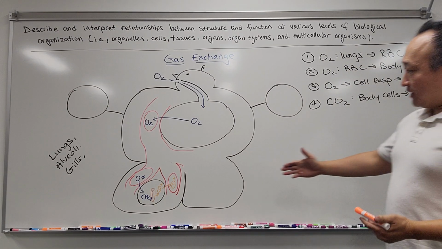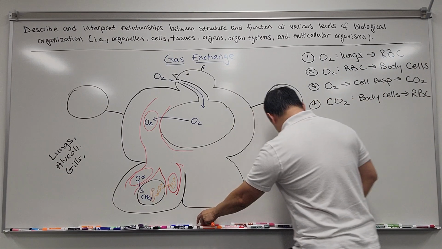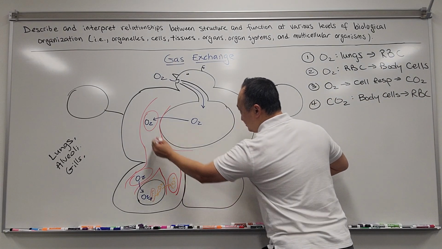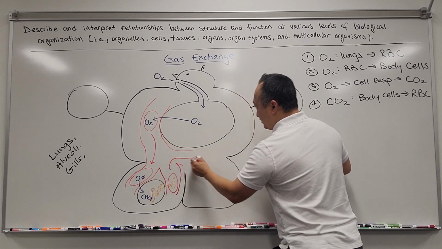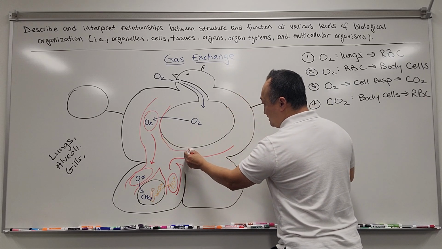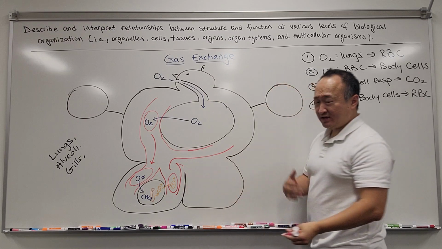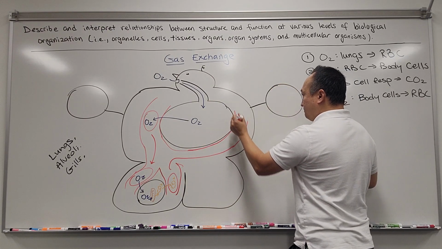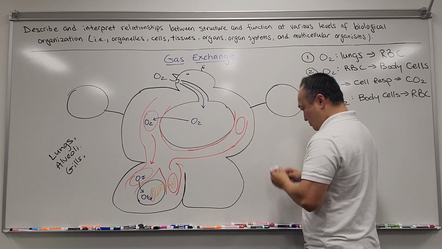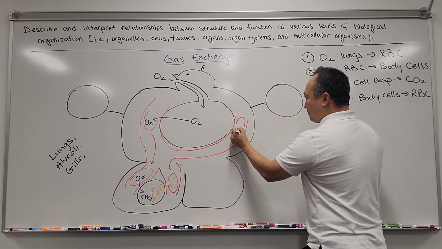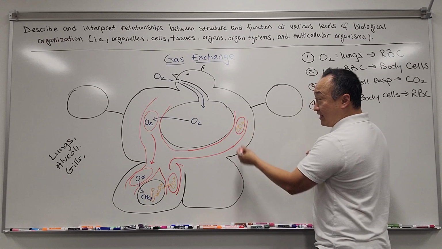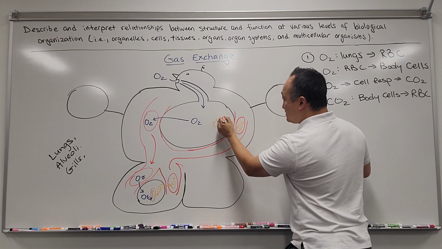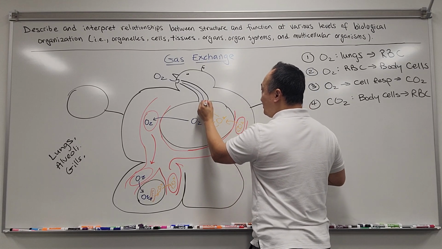The red blood cells are going to take it back to the lungs eventually, through the heart, and then eventually back to the lungs. And that carbon dioxide is going to get dropped off into the lungs so we can breathe it out.